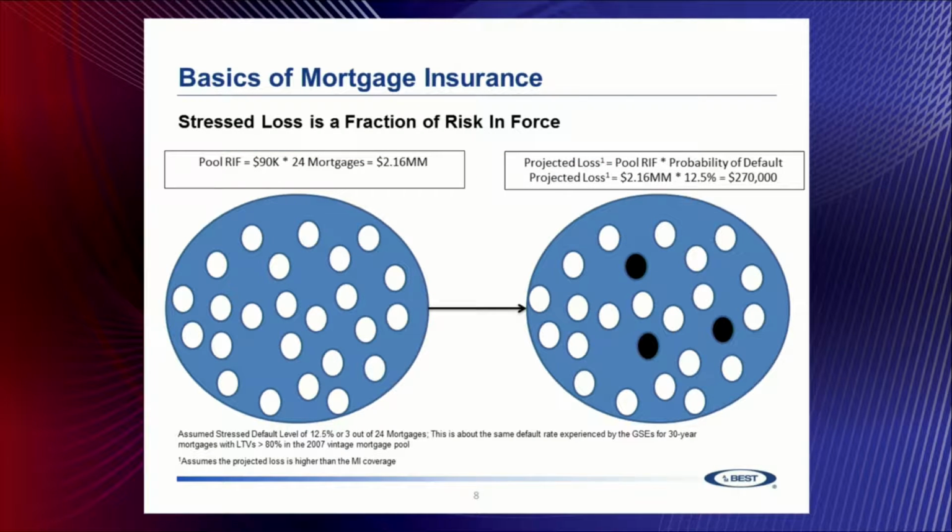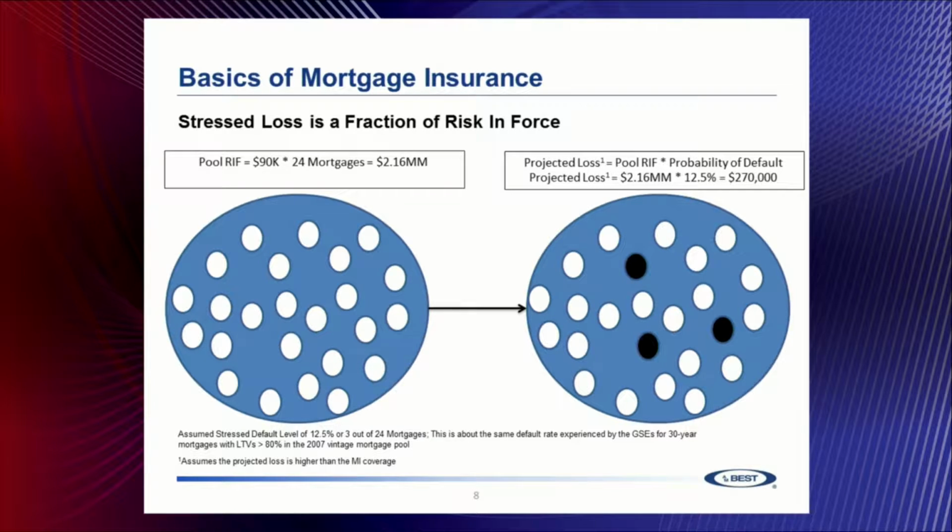Risk in force is not a great measure for the kind of stress losses an MI company will experience in a pool of mortgages. Here you have a pool of 24 mortgages of the same type we just described. So the risk in force for the pool is about $2.16 million. This doesn't tell you much about the stress losses that the MI will experience.